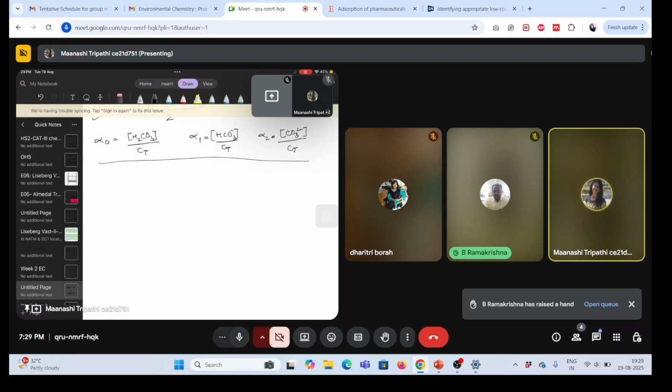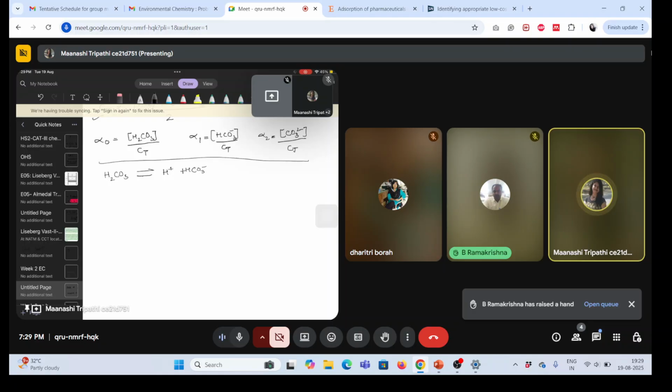So just for writing, if we write this equation, H2CO3 is changing to H plus and HCO3 negative.